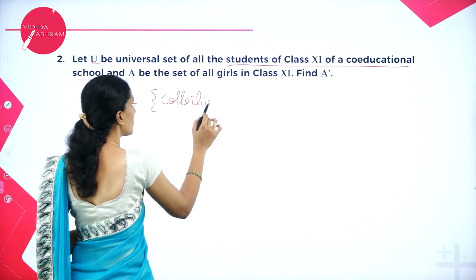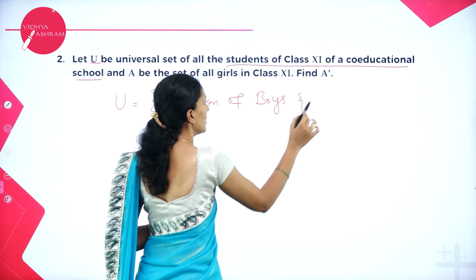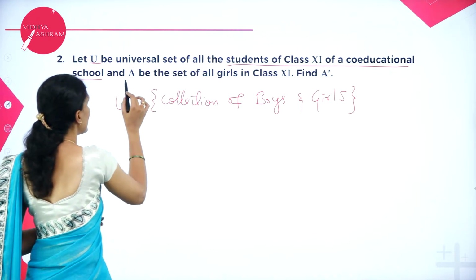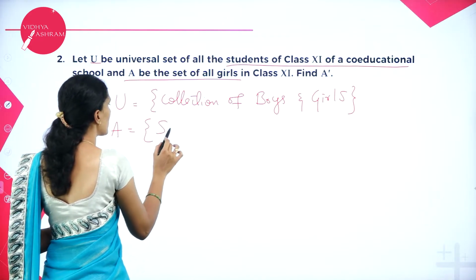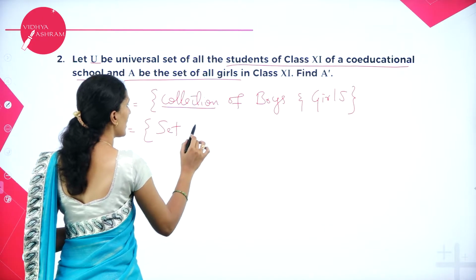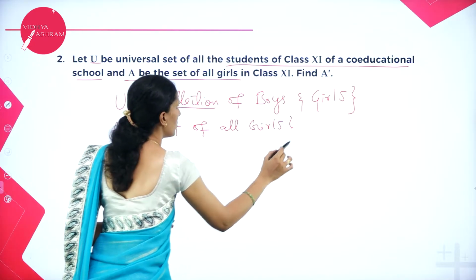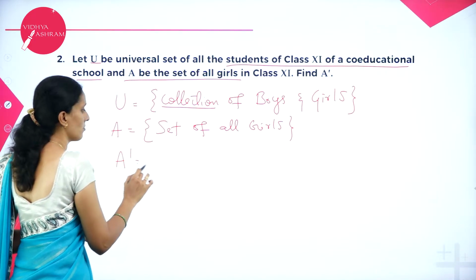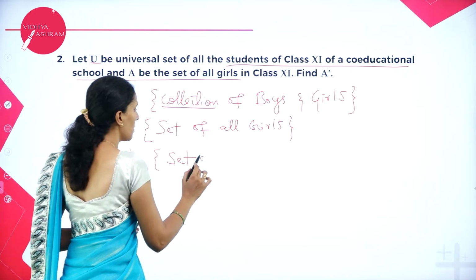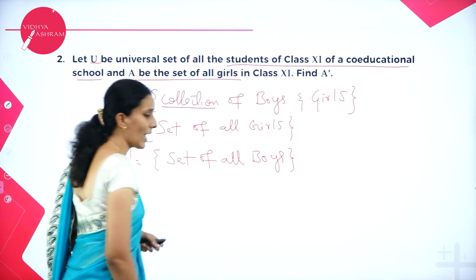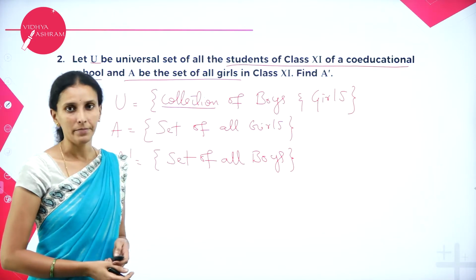And what is set A given here? It is the set of all girls. So don't confuse, collection is nothing but set. So then what is our A dash? It is the collection of boys. So A dash is the set of all boys of class 11.